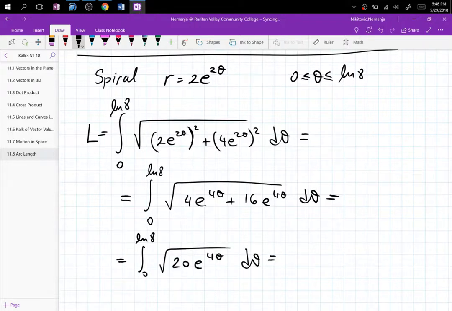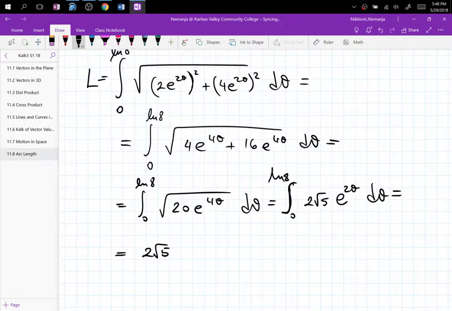Now you can take the square root here. And when you take the square root, you get 2 root 5 e to the 2 theta d theta. Copy the constant 2 root 5, that's the square root of 20. And then the integral will be e to the 2 theta over 2 from 0 to ln 8.